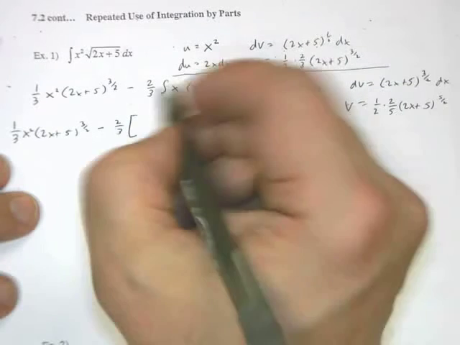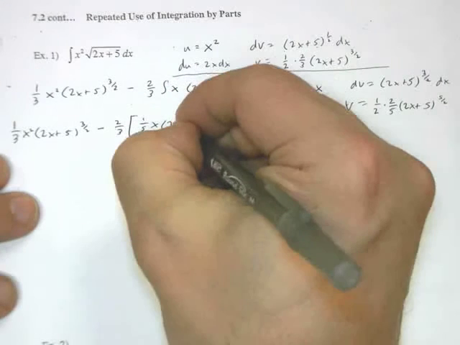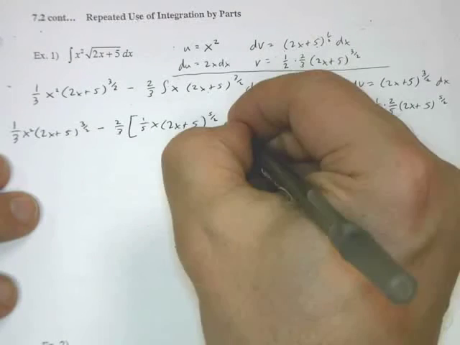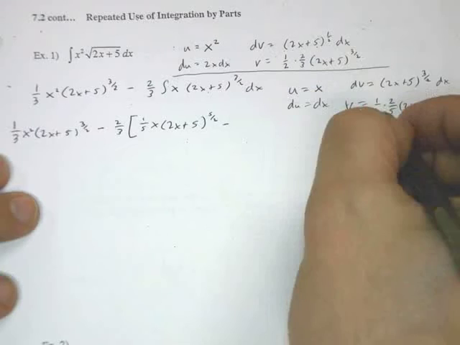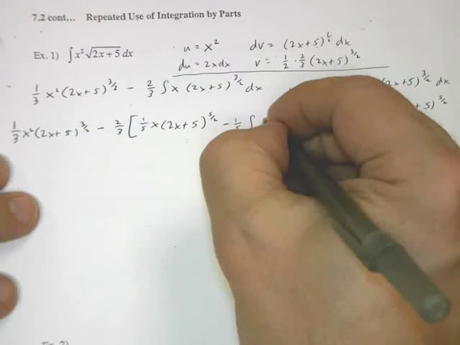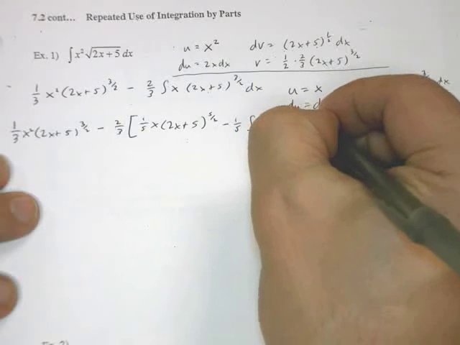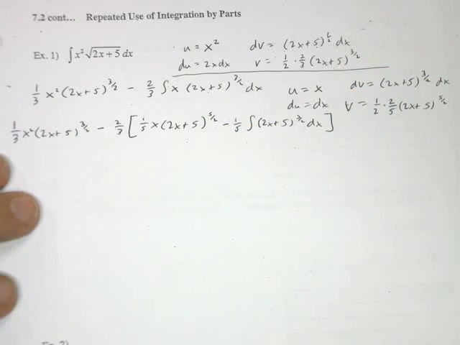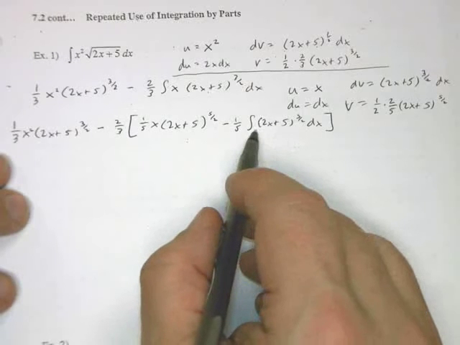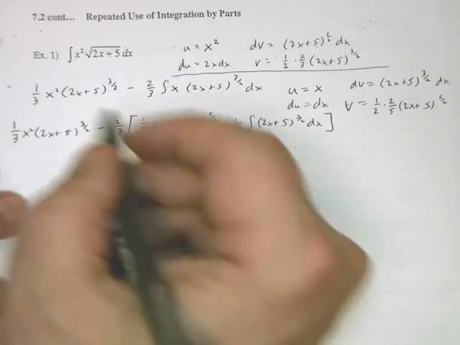So now it's my new uv, which is 1/5 x times (2x plus 5) to the 5/2, minus v du, so that's going to be 1/5 times the integral of (2x plus 5) to the 5/2 dx. Now I have something that I can go ahead and integrate because we don't have an extra x out here. So I'm going to go ahead and do that.